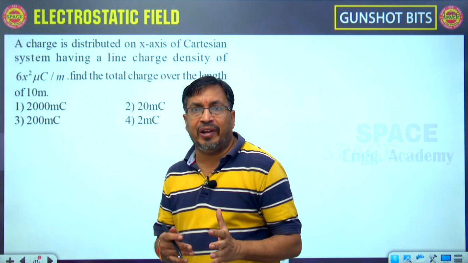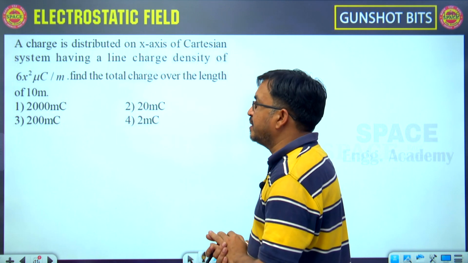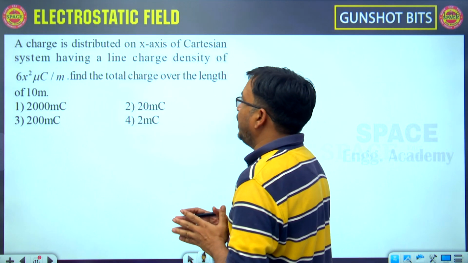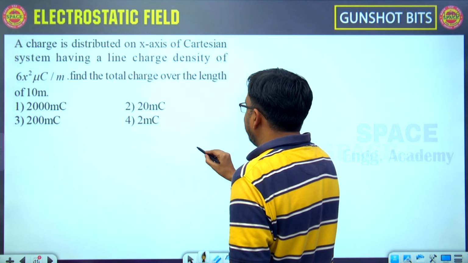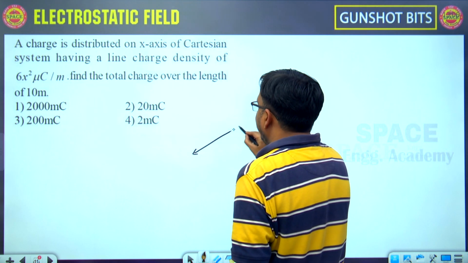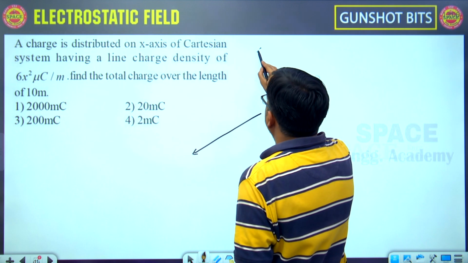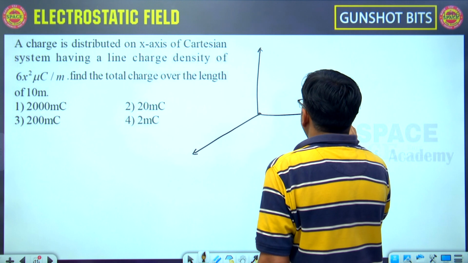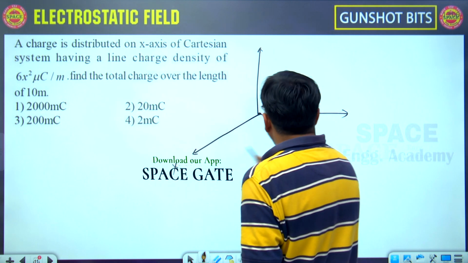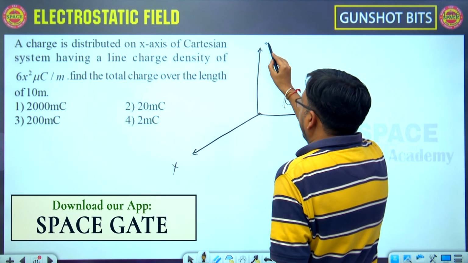One more question we are discussing in electrostatics. A charge is distributed on the x-axis. So I am considering this is the x-axis, this is the y-axis, this is the z-axis.